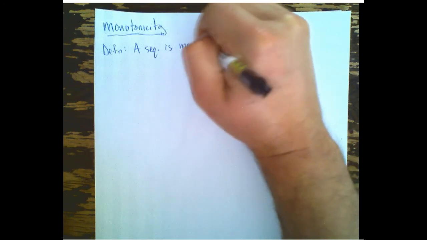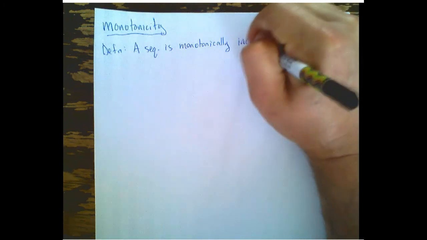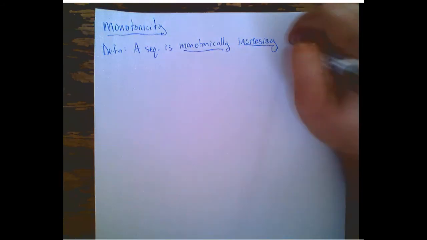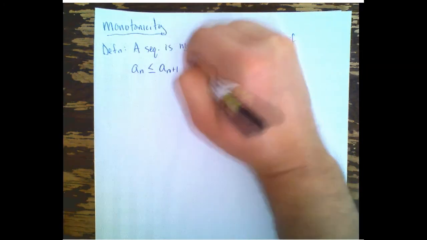The last property that we'll deal with is monotonicity. The definition: a sequence is monotonically increasing if a_n is less than or equal to a_(n+1) for all n.